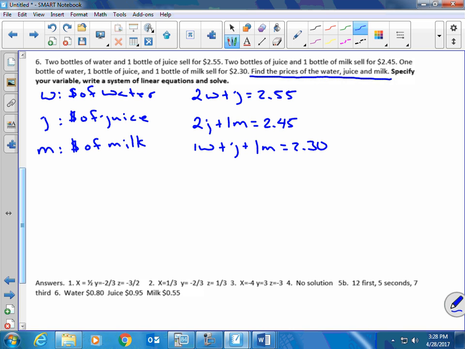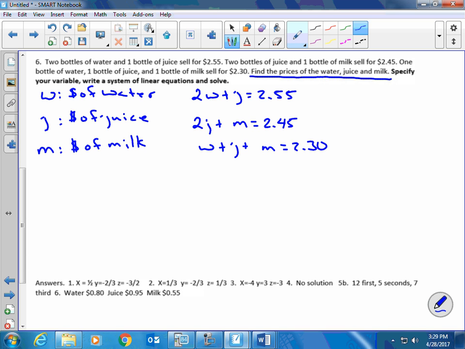Okay? So now, remember from the problem we just did, my goal is to get this 3-equation, 3-variable system down to 2 equations with 2 variables. So I need to cancel the same variable or somehow end up with 2 equations with 2 variables.